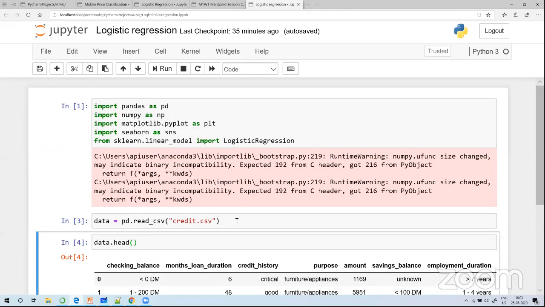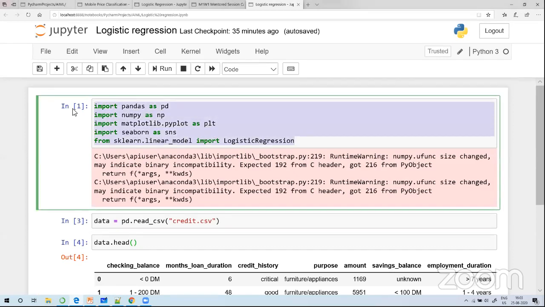To start with, I don't need to introduce you to these modules anymore. You're already familiar with them. Pandas, NumPy, Matplotlib, Seaborn. These are modules that we would be using throughout any exercises, irrespective of what model you are going to build, either linear regression or logistic regression or decision trees.